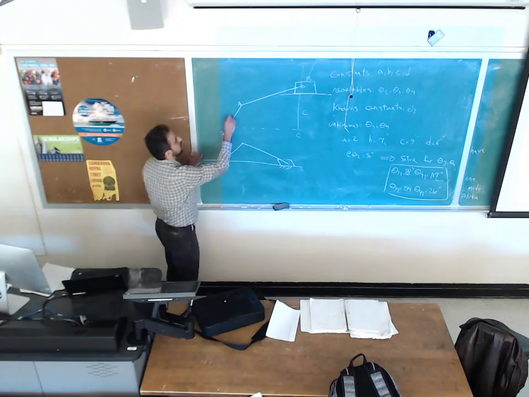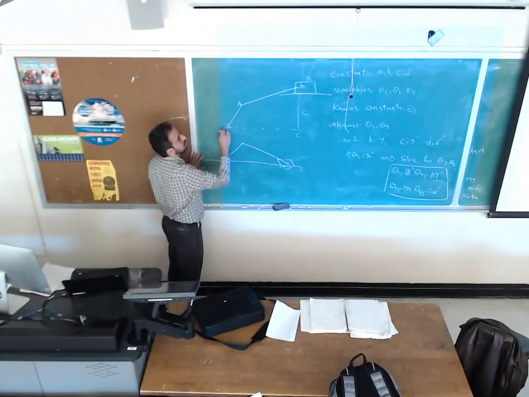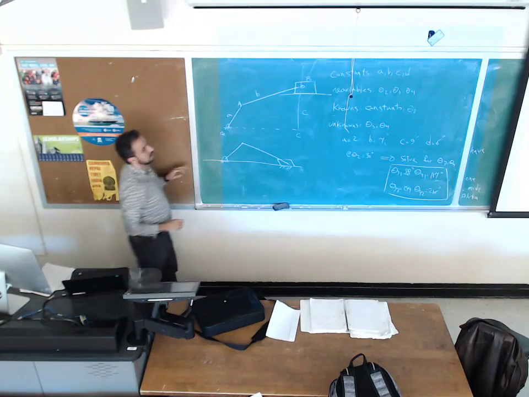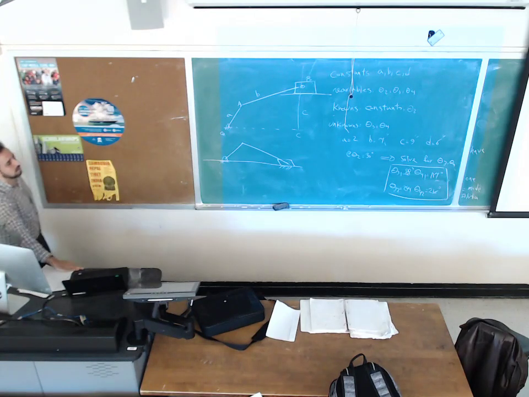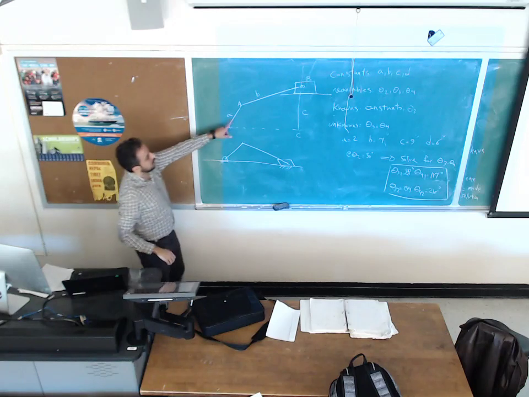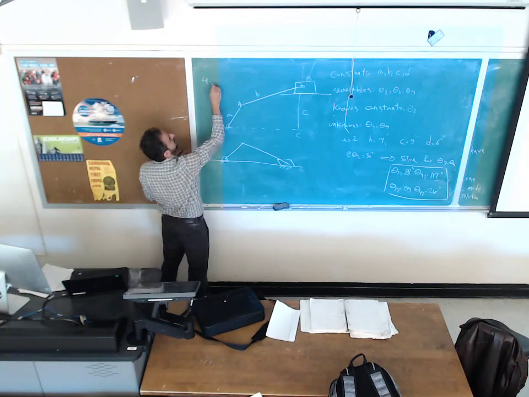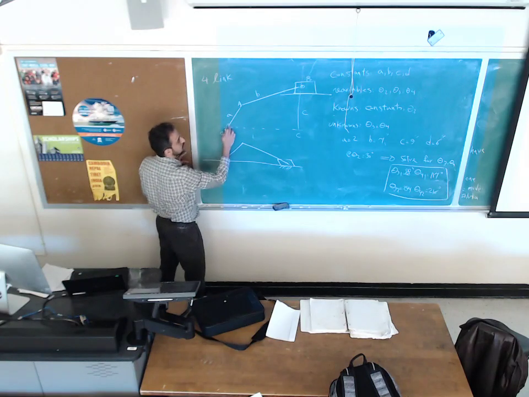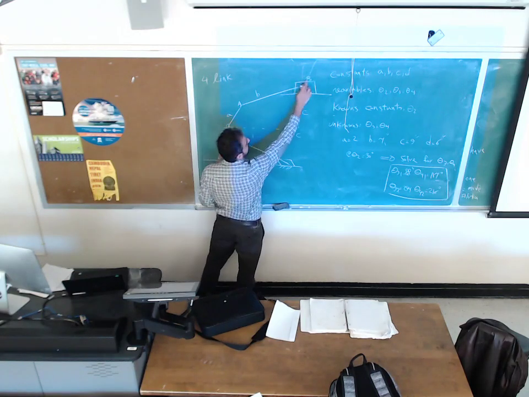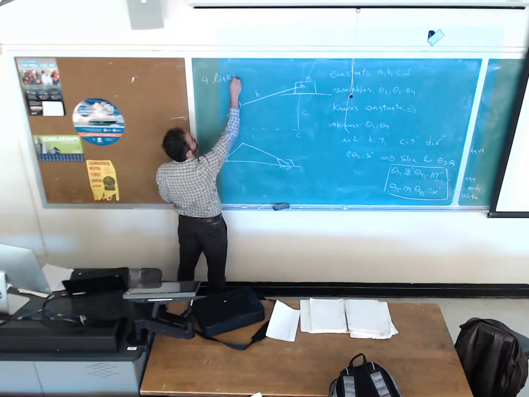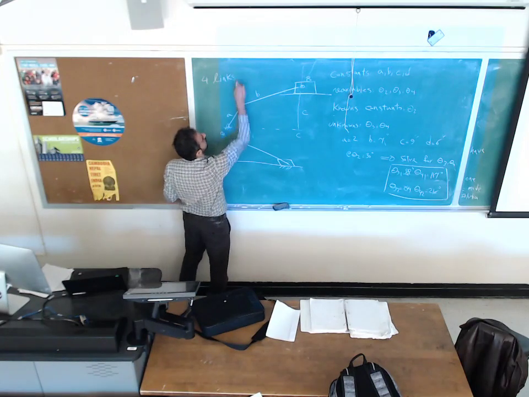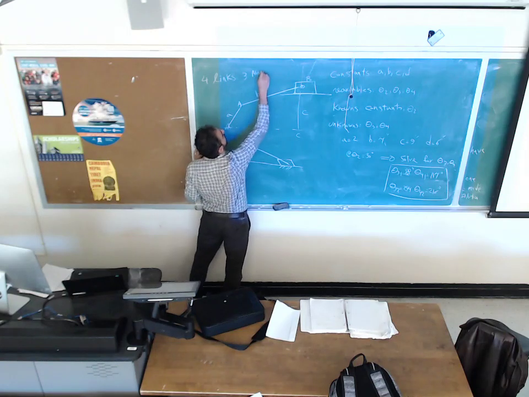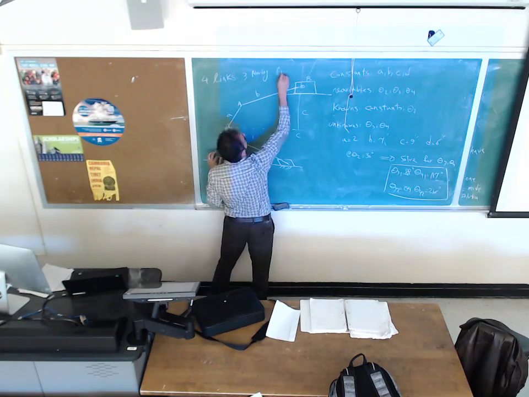So I'm just labeling the links. This is A, this is B. We have 4 links: 1 ground, 2, 3, and a slider 4. 1 is ground, so 3 moving links.